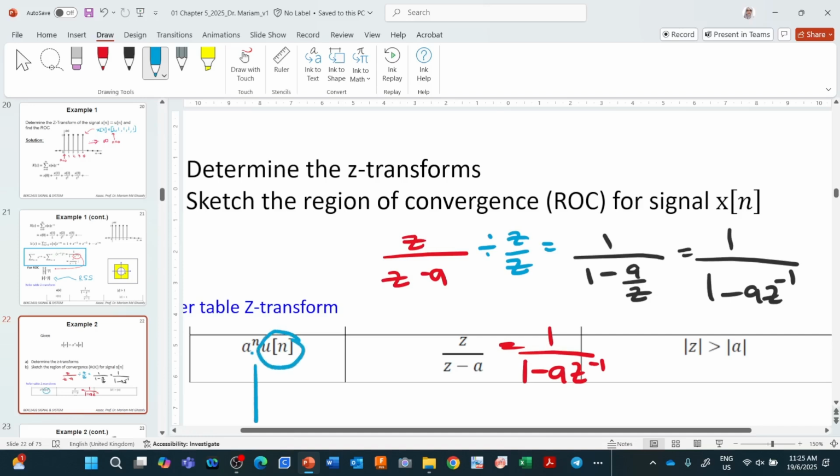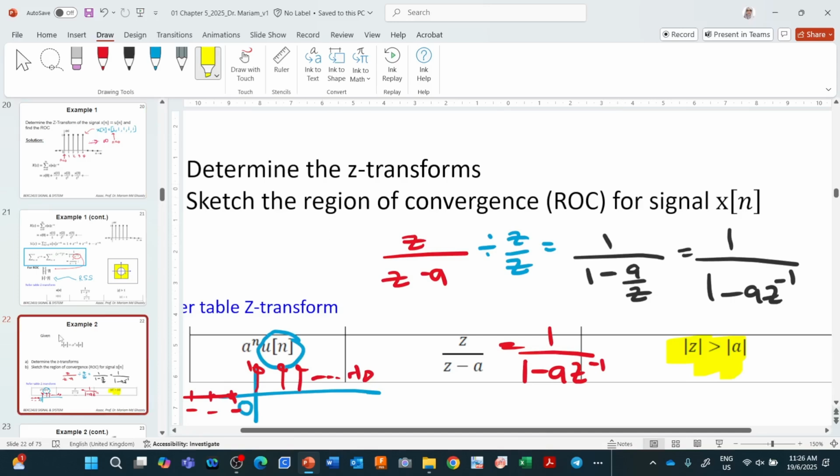Right-sided sequence means that all the values on the negative side are 0, and then you have positive values until infinity. So for a right-sided sequence, the equation for Z transform is given by 1 over 1 minus A z inverse, and the ROC is given by |Z| more than |A|.